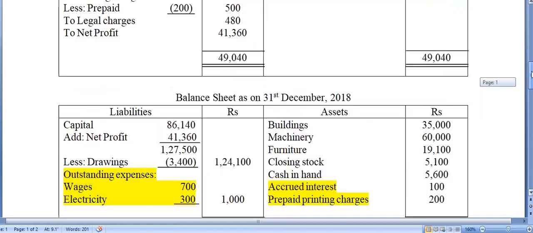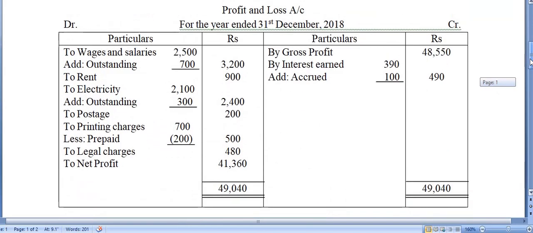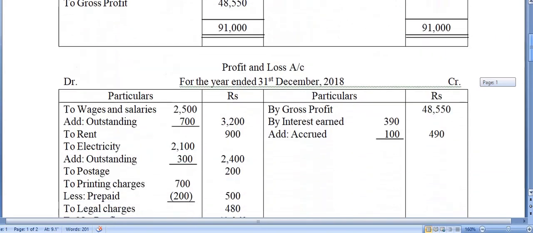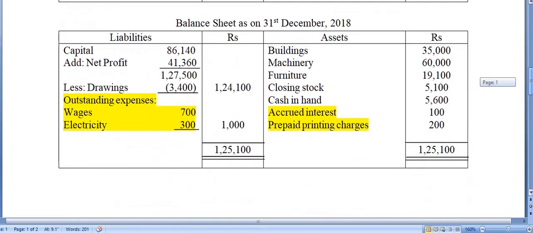Sometimes your trading account and PL account may not match, but your balance sheet may match. So that is an error in calculation. I will tell you what to do when this kind of error arises while solving these kinds of questions, that is final accounts with typical adjustments, or simply adjustments.